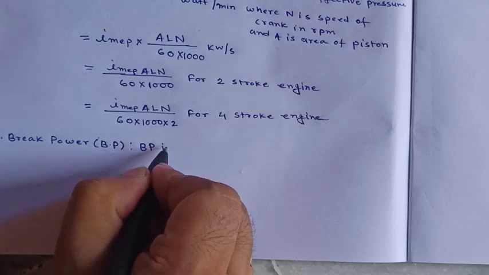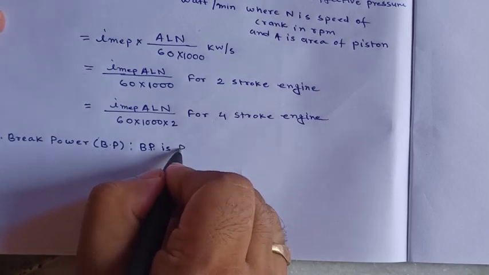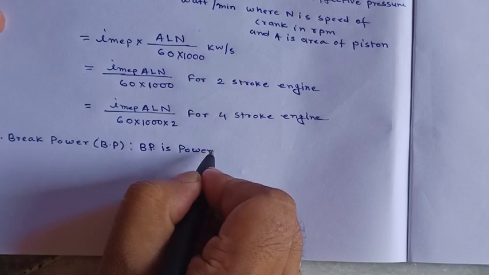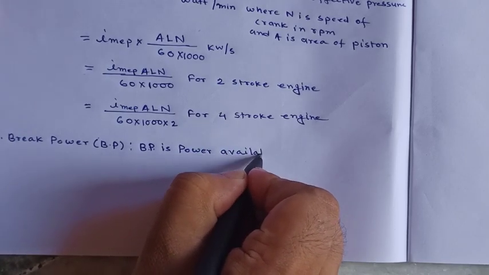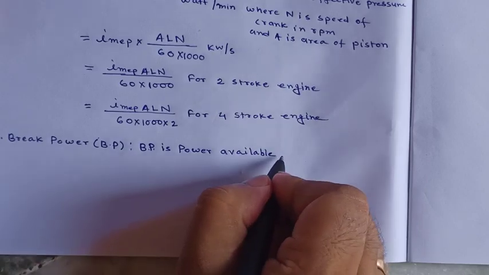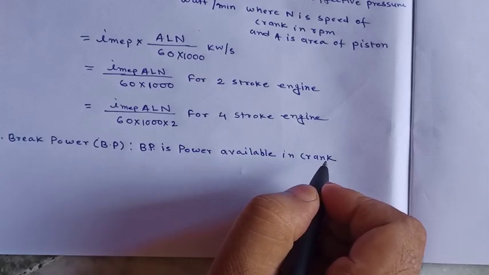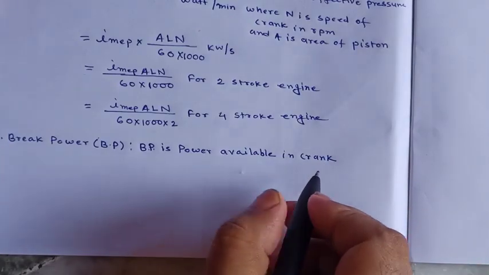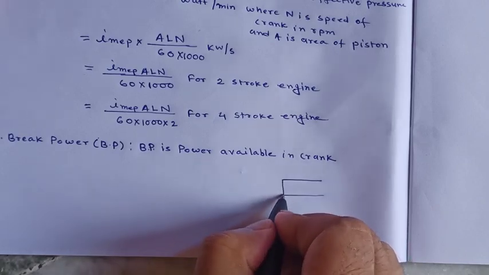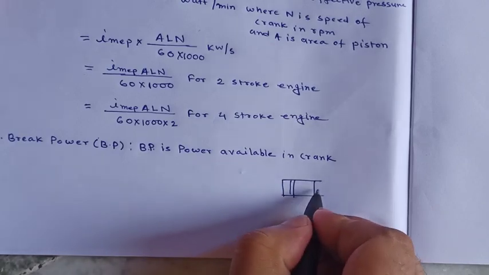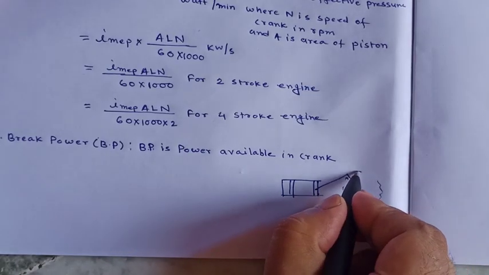BP is brake power, the power available in the crank. Consider this is the cylinder and this is the piston and this is the crank.